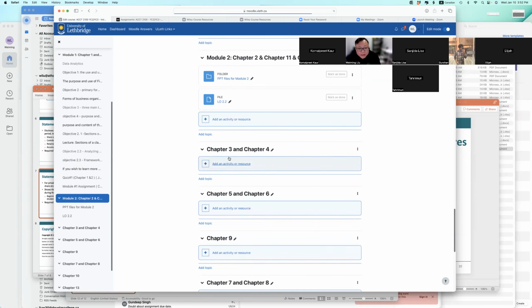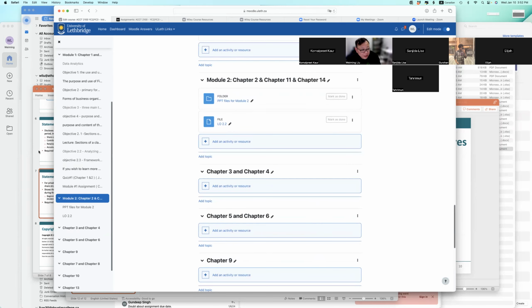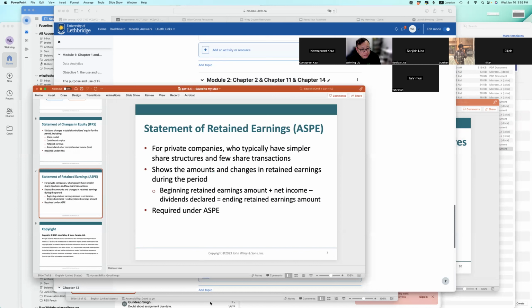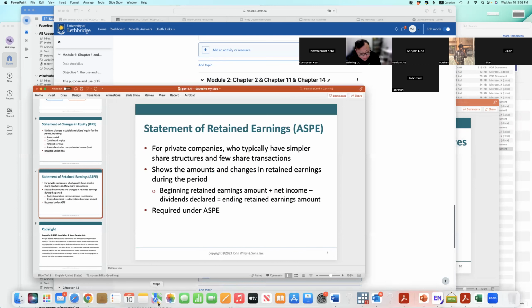Okay, it's there. So does anyone have any question in terms of these three ratios?